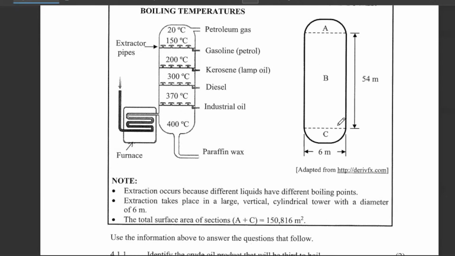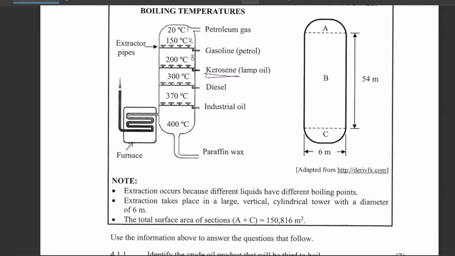So the first one is at 20. This is 1, 2, 3. We can't start at 400 as it goes to 20. Definitely it starts from 20 as it goes up. So the one at 400 degrees Celsius is the last one. So 1, 2, 3, here we have kerosene.